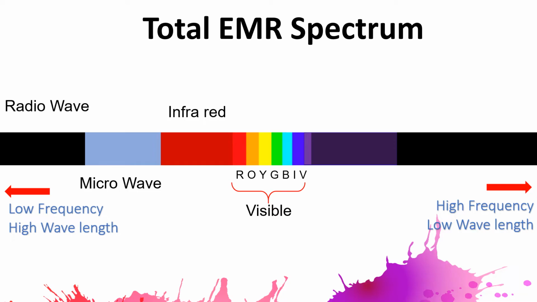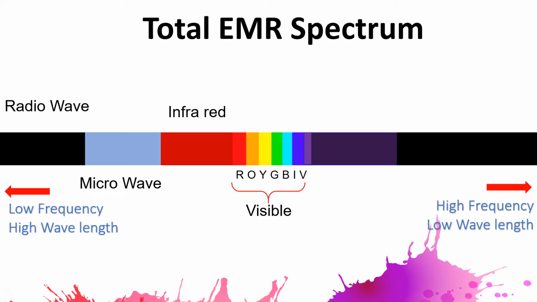Therefore, we categorize the region below red color into three parts because of their nature. Radio waves have a different nature than microwaves, their energy is different, and their interaction with molecules is different. And the next part is infrared. It has higher energy than microwaves, and it also interacts differently with metals.